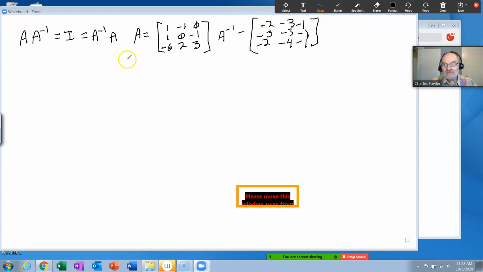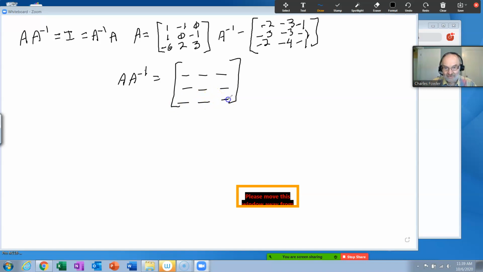All right. So let's first do A times A inverse. Of course, a 3 by 3 times a 3 by 3 is going to be a 3 by 3. So A inverse will be a 3 by 3 matrix, and that would be blank, blank, blank, blank, blank, blank, blank, blank, blank.